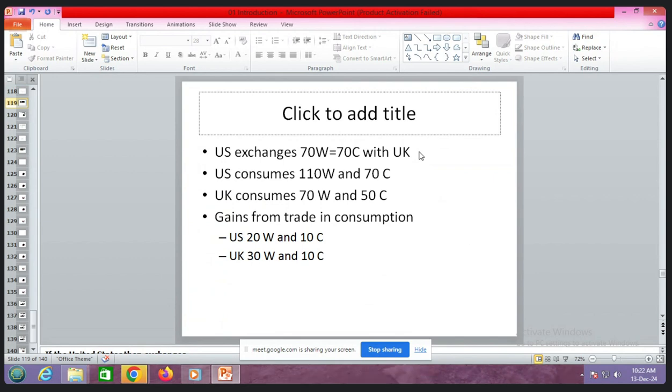After trade, both are at a higher level, which we call gains from trade. So we have demonstrated, using the opportunity cost theory, what the basis of trade is. The basis of trade is opportunity cost, relative price differences, and what the gains in consumption and production are.